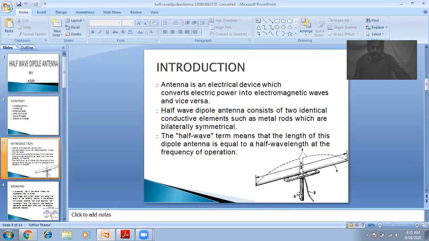Therefore, this is called center fed antenna. Feeding is nothing but applying the input power to the antenna. And similarly, the half wave term means that the length of this dipole antenna is equal to half wavelength at the frequency of operation.